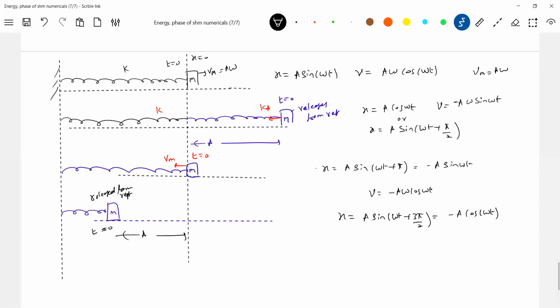Okay, wait. Is it correct, or shall I write cos omega t? Why has the negative sign come?